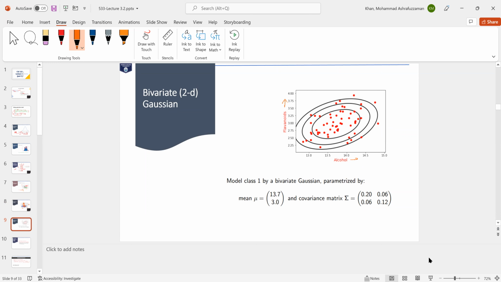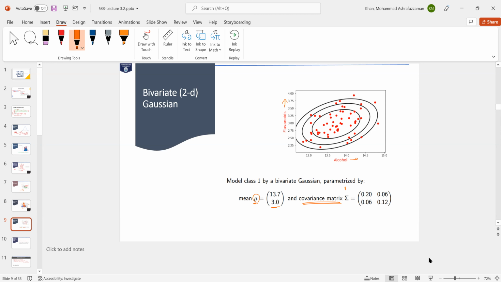Now, if we use 2 different features, that means the mu is no longer a scalar number, it's a vector. Similarly, the variance is not present now. Because we have more than one feature, we'll use a covariance matrix.